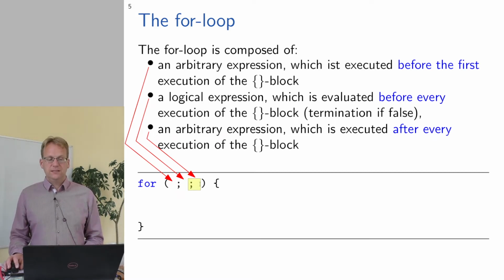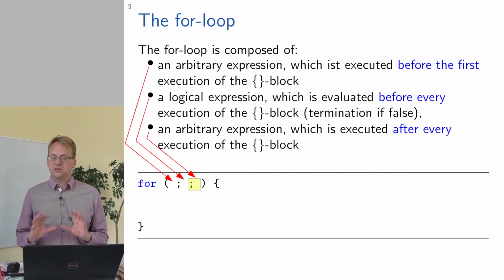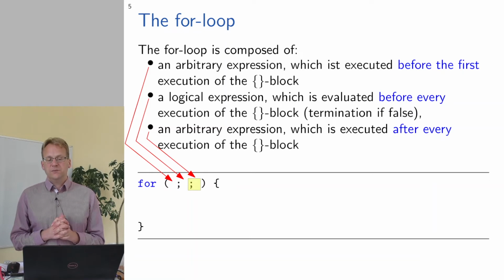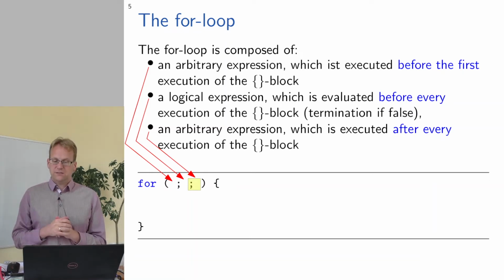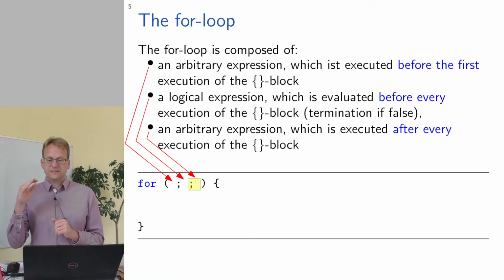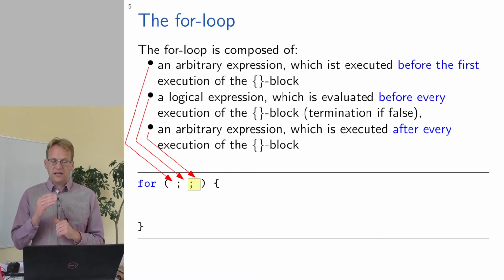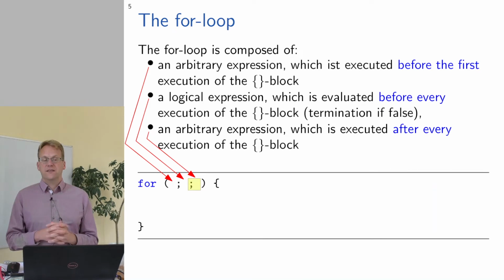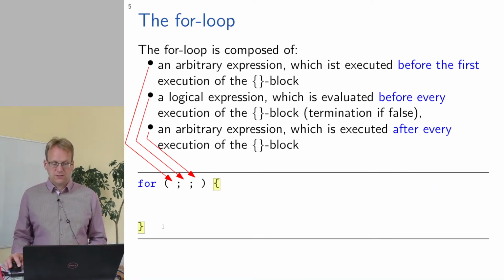And finally, here after the second semicolon, you can place any expression which will be evaluated or executed after every iteration, meaning after every execution of this block that is delineated with these curly brackets.